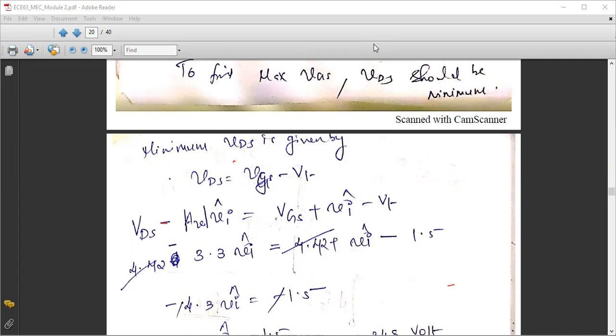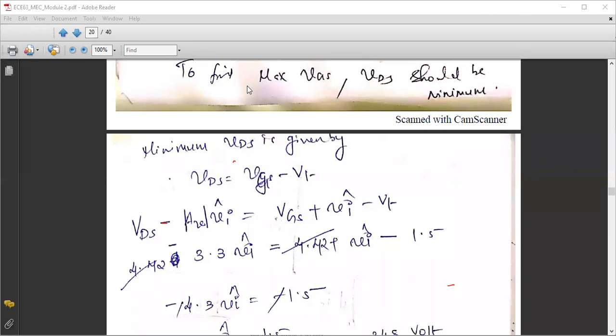Because the amplifier is an inverting amplifier, right? The common source configuration is an inverting amplifier. So whenever we impose constraints like maximum input, if input is maximum, output will be minimum. If input has the maximum magnitude, output will have the minimum magnitude, because the output has a 180-degree phase shift with respect to input.